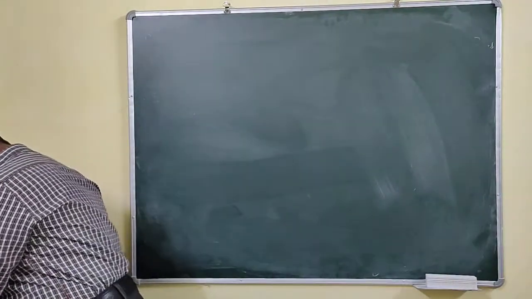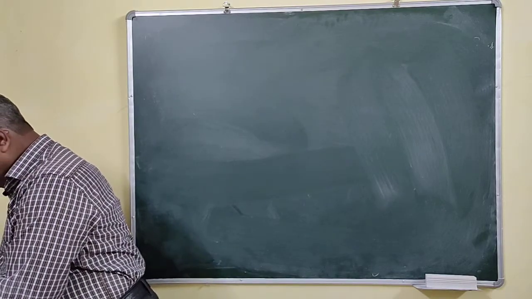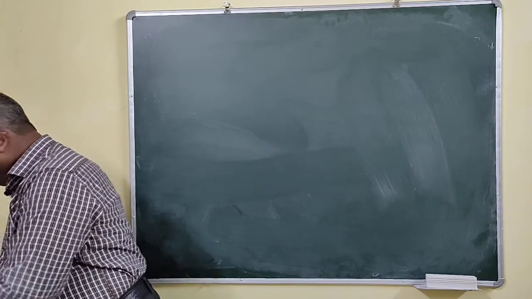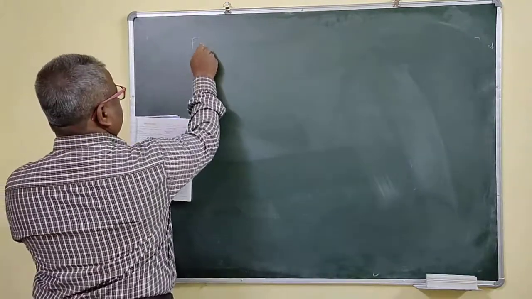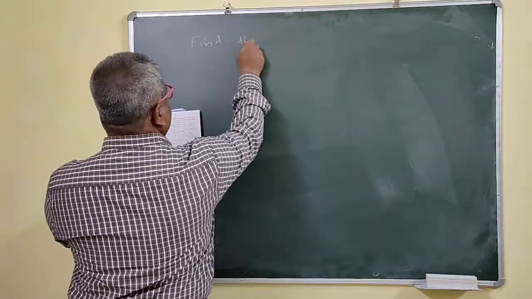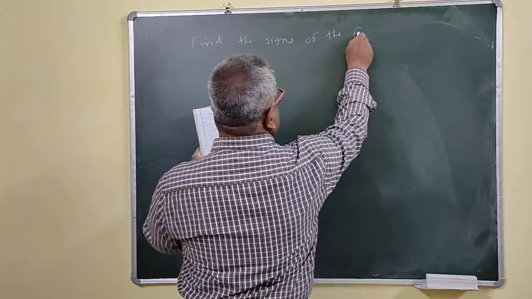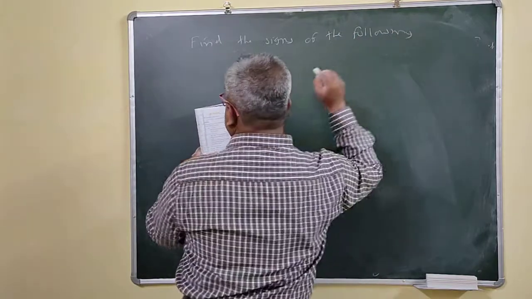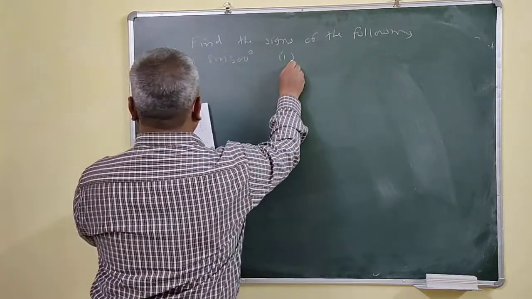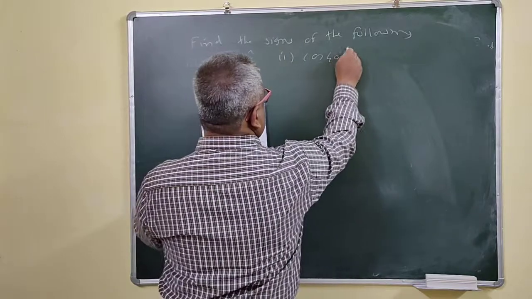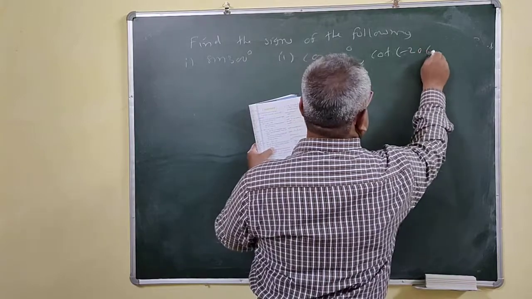Okay, now we take the problem from the exercise. Determine the sign of the following: one, sin 300 degree; second, cos 400 degree; third, cot of minus 206 degree.